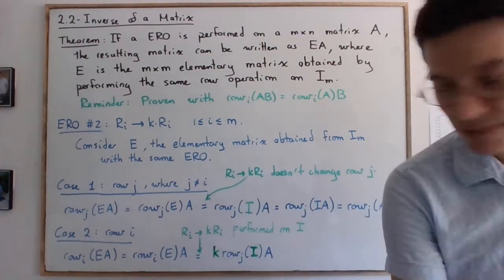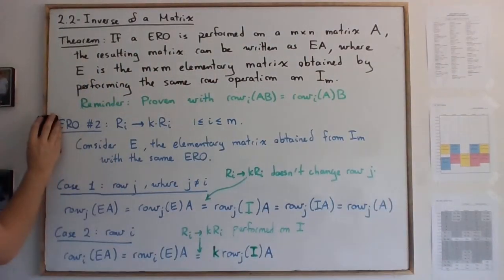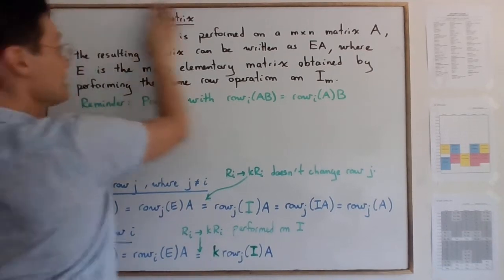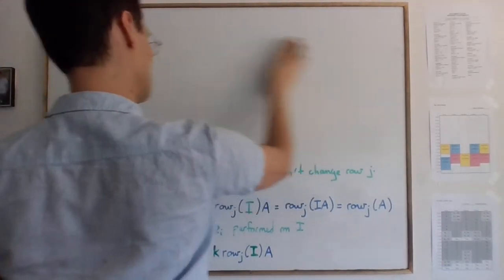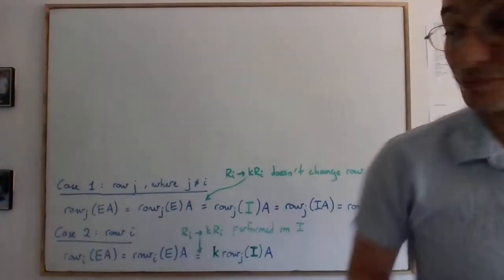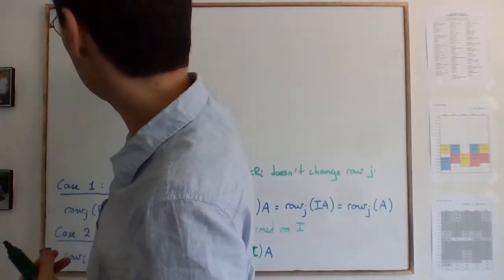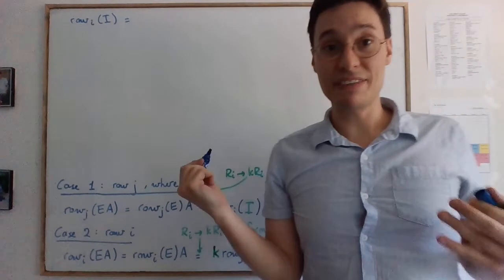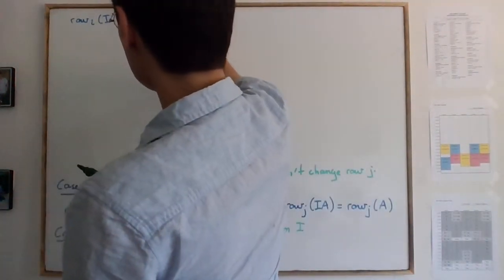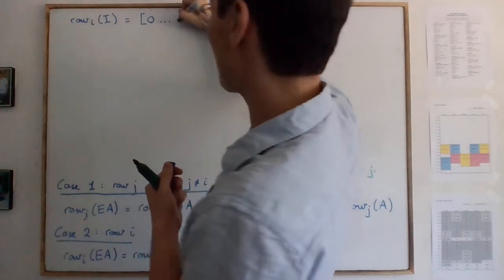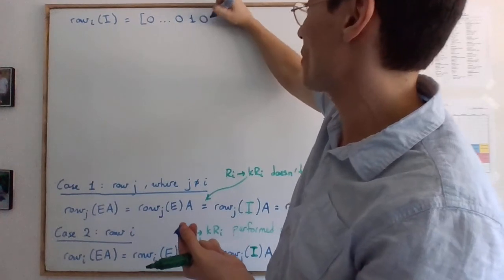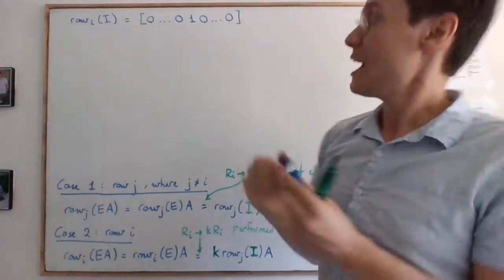Now for the explanation. The row i of the identity is quite simple. It's going to be 0, 1, 0, and all the way up to 0, and the 1 is in the ith position.